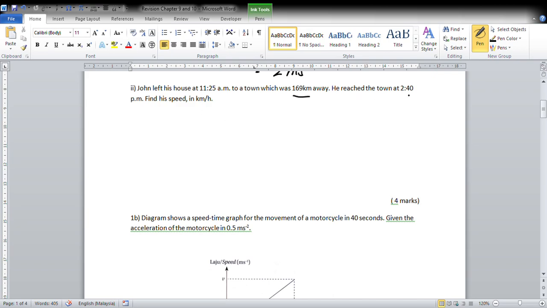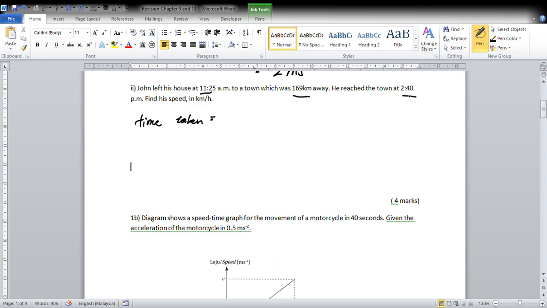This one is not given straight away, so you have to calculate the gap between 11:25 and 2:40. For time taken, you have to use 2:40 minus 11:25 in the morning.